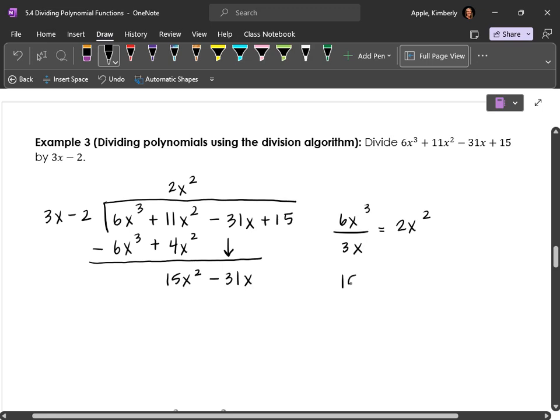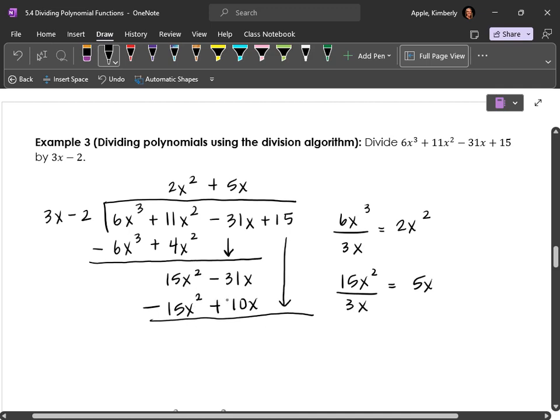Then I'll have 15x squared divided by 3x. It's going to give me 5x, so that comes here. Multiplying everything out, I'll have 15x squared minus 10x. Remember, subtract everything and bring down.